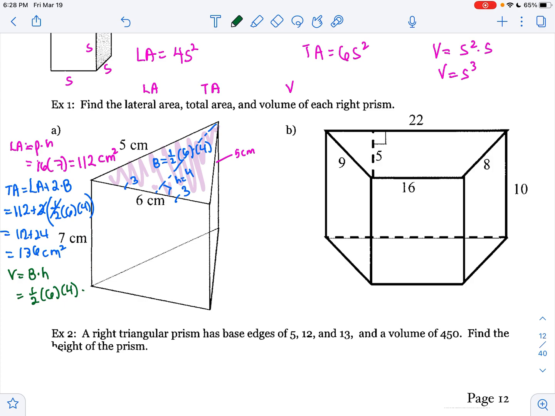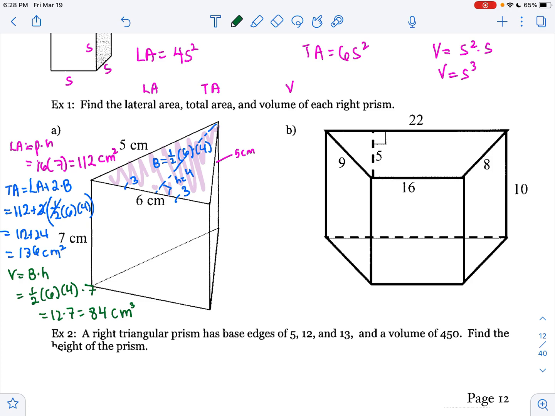So we also have to multiply by 7. So 1/2 of 24, the calculation we've already done, 1/2 of 24 is 12. So we've got 12 times 7 is the volume, which is 84. We're going to represent our unit of measures as cubic units of measures, so centimeters cubed.